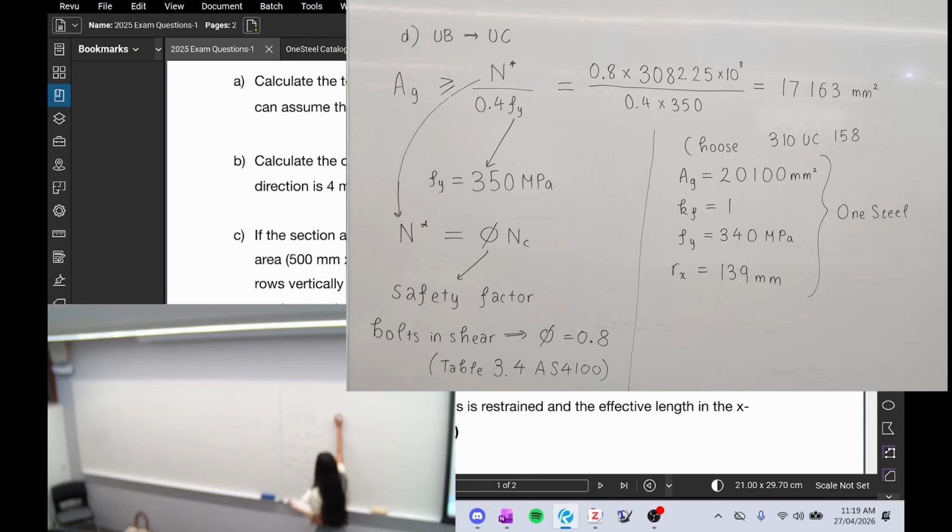Okay, let's put everything in. So our N star is going to be safety factor times NC. We just found the safety factor, 0.8. NC we found previously in the other question. That was 3082.25. That's in kilonewtons, so I'll just multiply it by 10 cubed to change it back to newtons, and divide by 0.4 times Fy, which was 350.